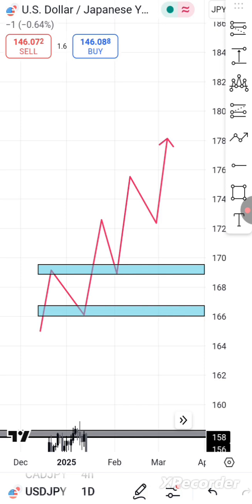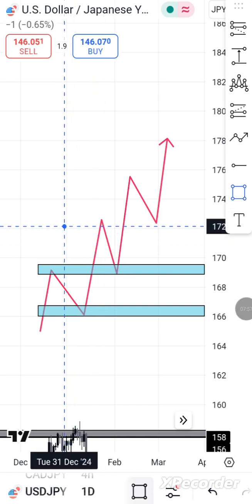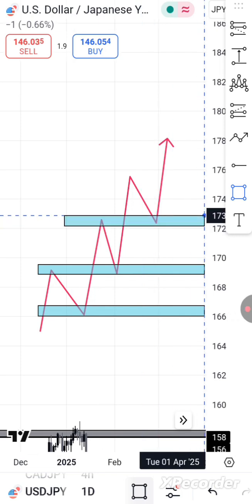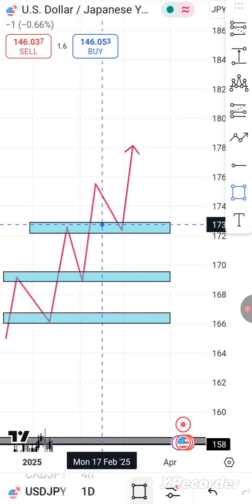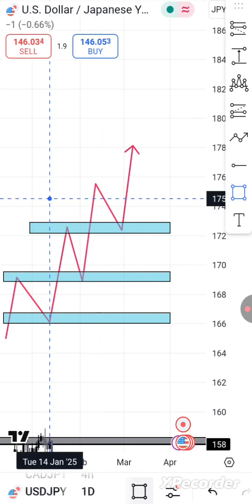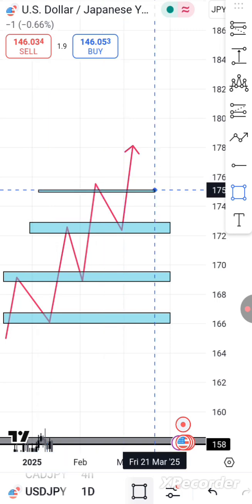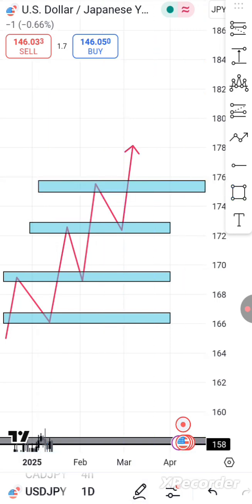I hope you understand that. So our next resistance level is this, which has become the support because the price has broken it.